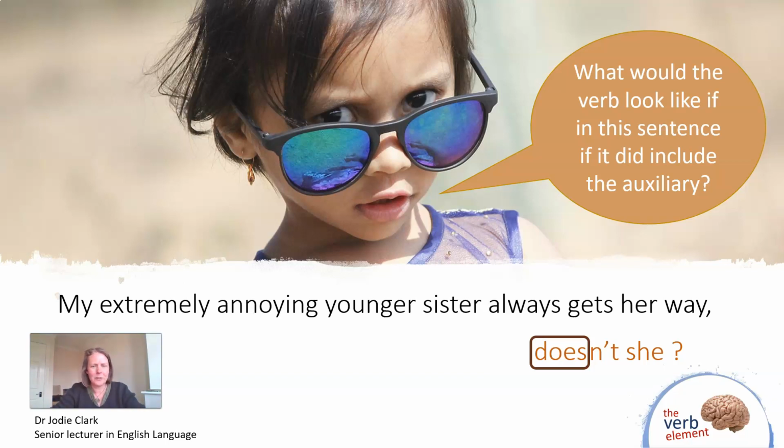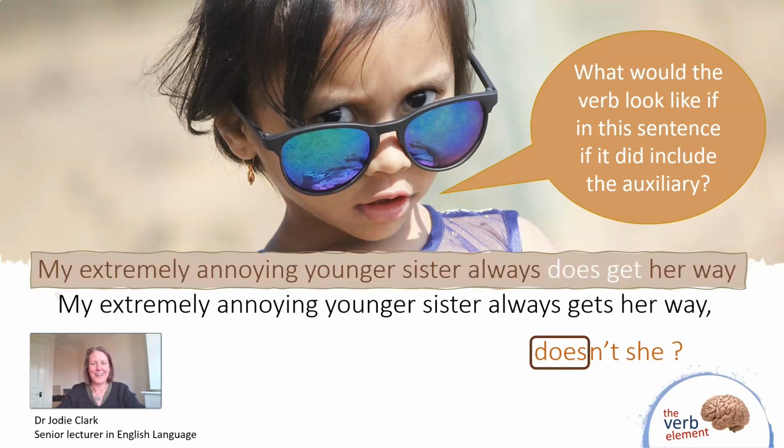So my extremely annoying younger sister always does get her way, right? So it's still in the simple aspect, it's still totally well formed, but we've just chucked a does in there. And what we do is we say, okay, well, if I were looking for the auxiliary, then that would be easy. There's the does. And then I look to the right of it and I see the lexical verb.